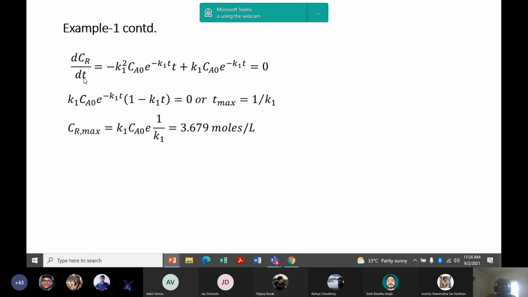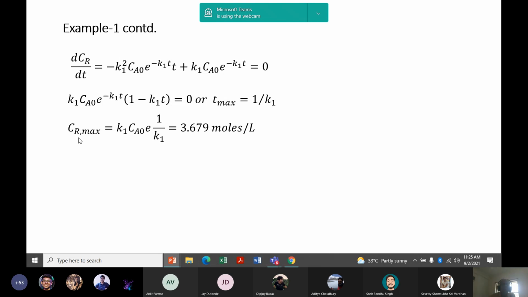Then differentiate with respect to time, you will get a different expression, not like the previous expression. Equate to 0 and find T max, which is equal to 1 by K1, not log mean. The reciprocal of the rate constant K1 is giving it. And what is this K1 rate constant? It is the rate constant for both steps, first step and second step. Both the rate constants are the same. So T max will be 1 by K1 always.